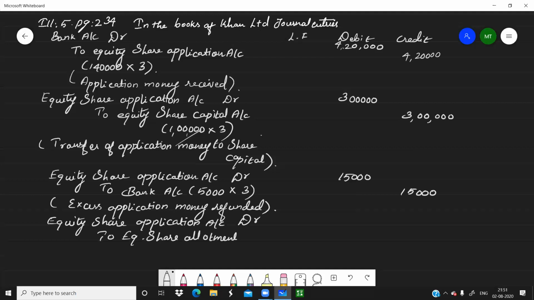The amount is 40,000 less from 75,000 already given, so you get 35,000 shares. 35,000 into 3 is 1 lakh 5,000 rupees.